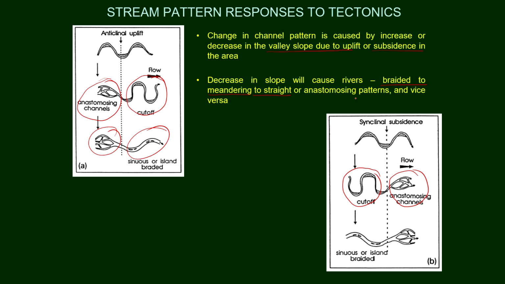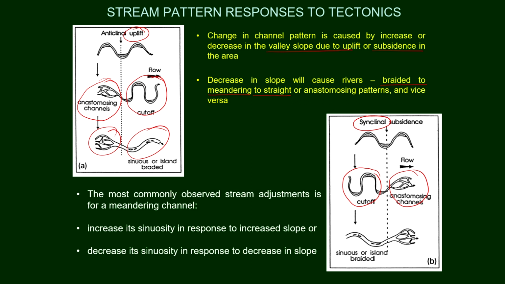Depending on what type of pattern you are having before the anomaly, either uplift or subsidence here, based on that you will see the change. The most commonly observed stream adjustment is for a meandering channel: increase in sinuosity in response to increase in slope, or decrease in sinuosity in response to decrease in slope.